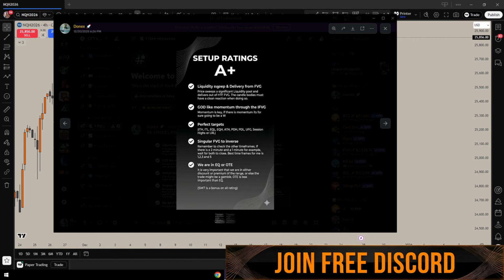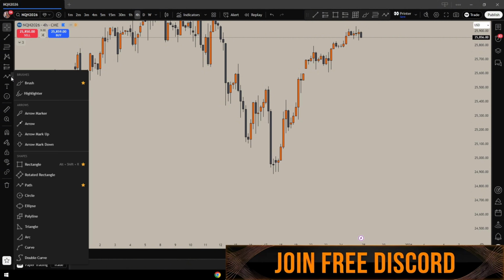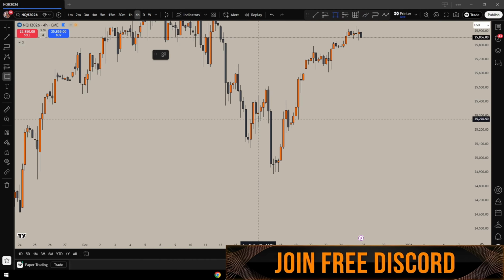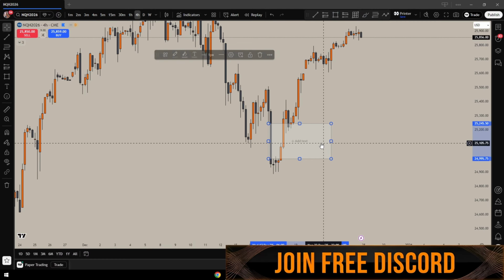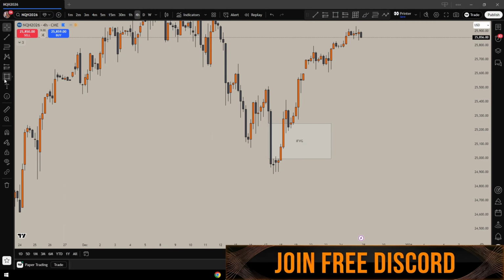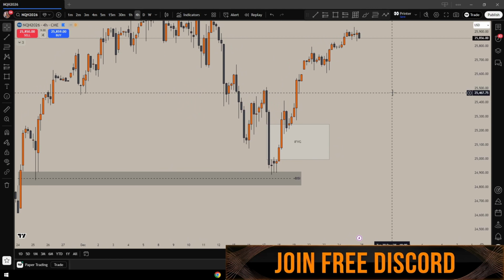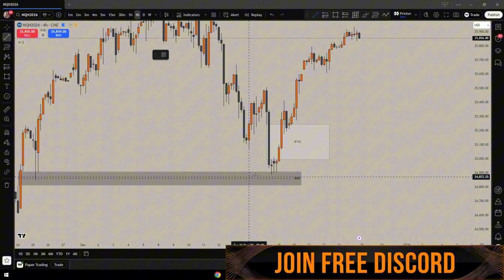Liquidity sweep and delivery from fair value gap. We are focusing on this entry right here, by the way. So where are we delivering from? We are delivering from this fair value gap right here. Did we get a clear liquidity sweep? We did.